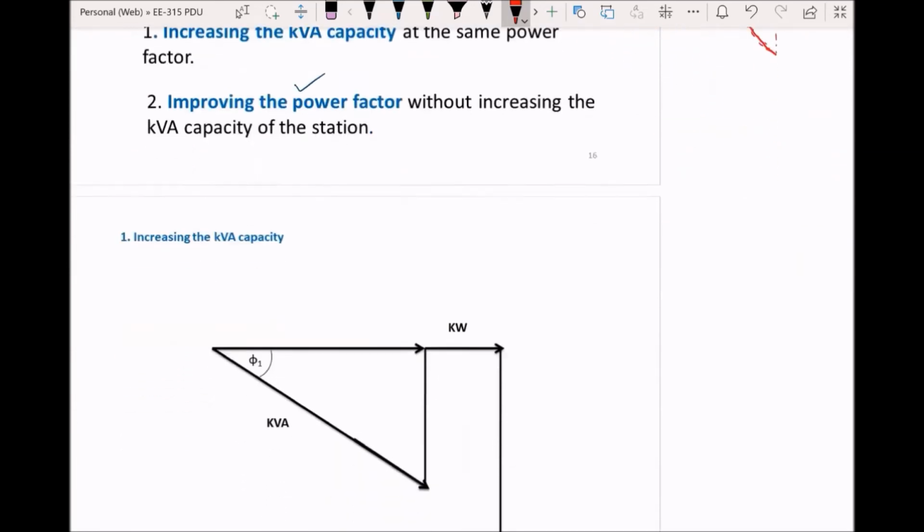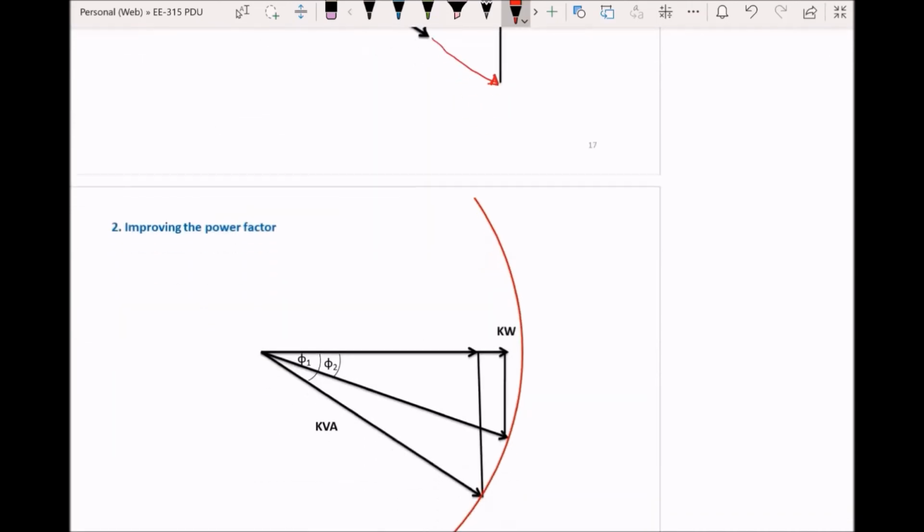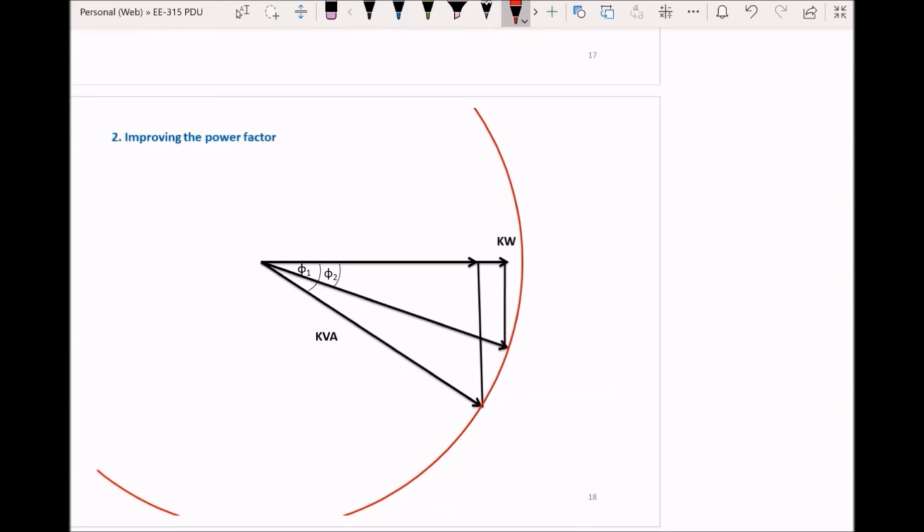Again, in this slide, to achieve extended load, what we can do is increase the kVA capacity. That was the first method. And the second method is that, for this increased power demand, we improve the power factor, and in this way we can satisfy this demand load.